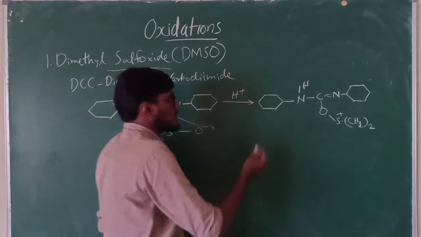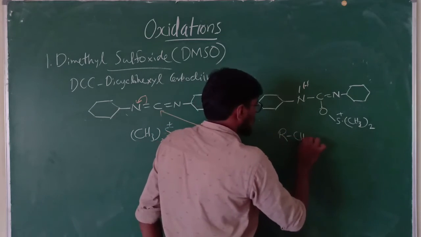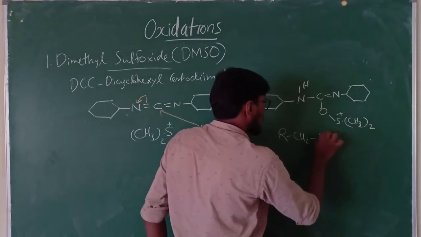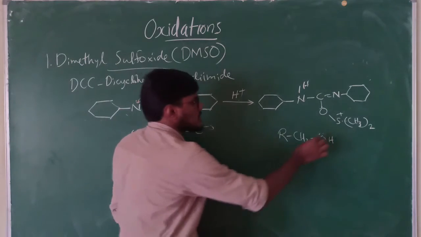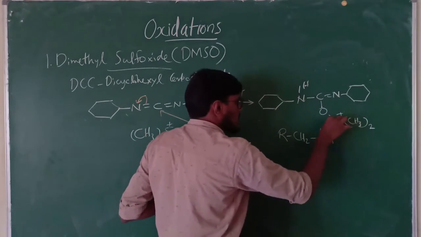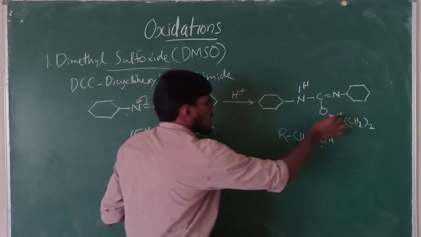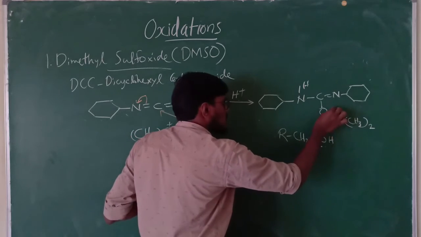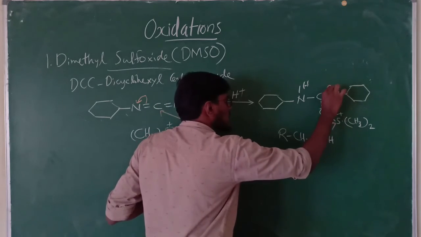In the next step, the alcohol comes, the alcohol will be like this, RCH2OH, any alcohol. This alcohol attacks the sulfur present here, and this bond goes like this and this bond goes like this.